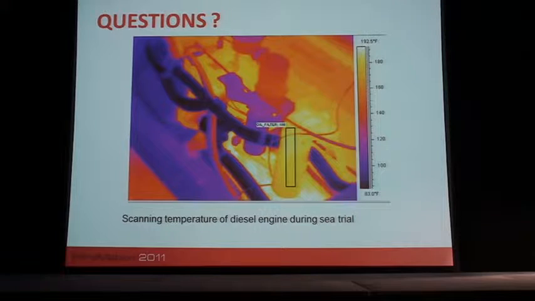We both came out with the same information, that the temperature of the engine was running at about 186 degrees. Normally, the way engines run, at least in the marine area, is you want them to be on the cusp of running so hot that they blow up, but just a little bit below. The reason is because you want to make sure all the lubricating fluids inside that engine are working at peak performance.